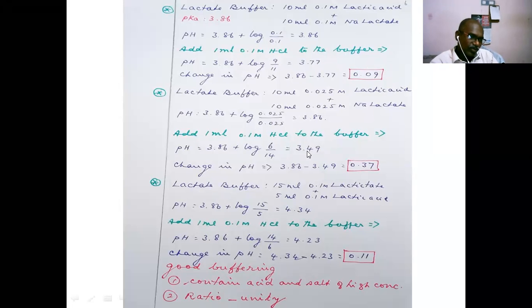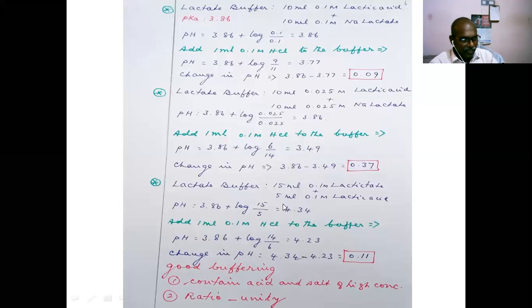And then in order to make a small difference, we diluted both the salt and the acid, but we have taken equimolar and equal volume. Then the change in pH was a little high.